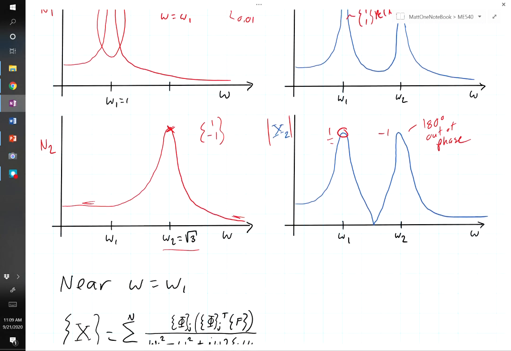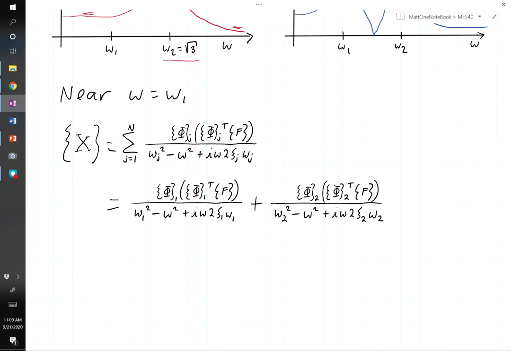So let's just show mathematically how that can work. So the response x, remember, is a summation of these terms. If we write that out for a 2 degree of freedom system, we get this. And if we're saying near omega equals omega 1, these two terms cancel. These terms don't cancel.